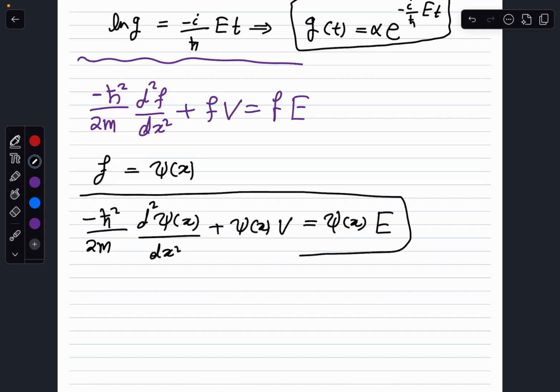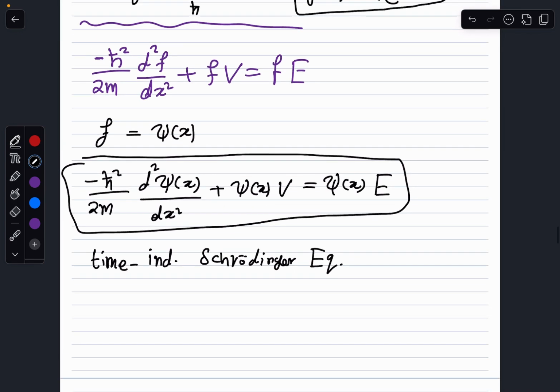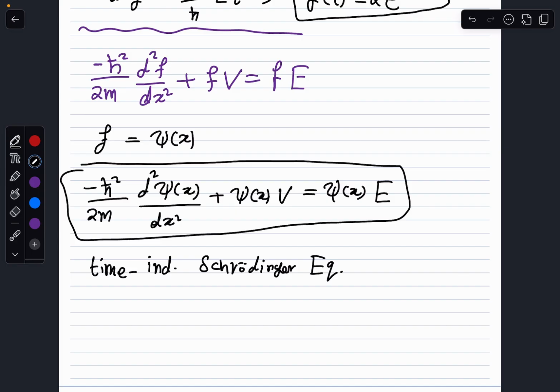And this is called the time-independent Schrodinger equation.